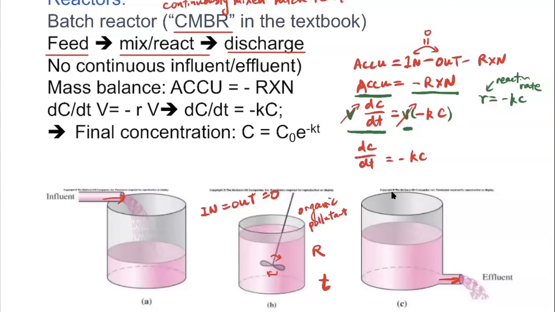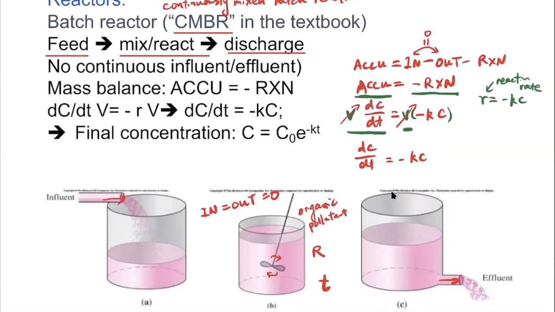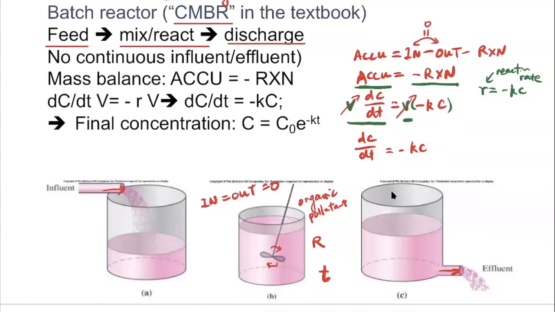But there are systems, for example the next reactor we're going to talk about, where we always need to write in this volume term to make sure that it is accurate. But here for a batch reactor, the volume can get canceled. So now we have this differential equation, dc/dt equal to minus kc.